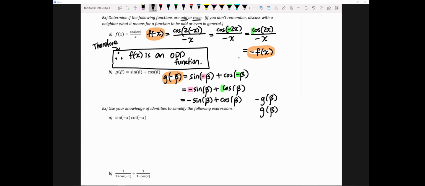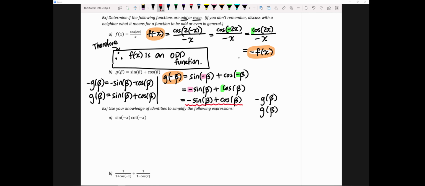However, I'll put off to the side here, negative g of beta, that would have been negative sine of beta minus cosine of beta, because that negative sign gets distributed. And then g of beta is just sine of beta plus cosine of beta. So our output here, underlined in red, is neither.